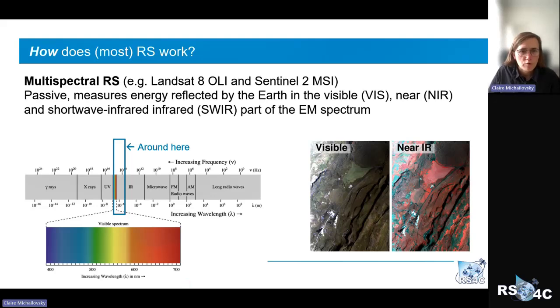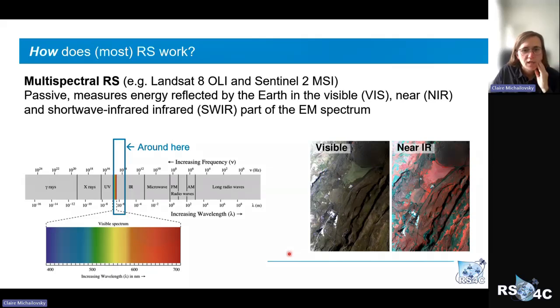If we're using multispectral remote sensing, we're working in the visible, near infrared, and shortwave infrared part of the spectrum. So about the part that I've highlighted here in the illustration of the electromagnetic spectrum. Why do we use this range of energy in different parts of the spectrum?